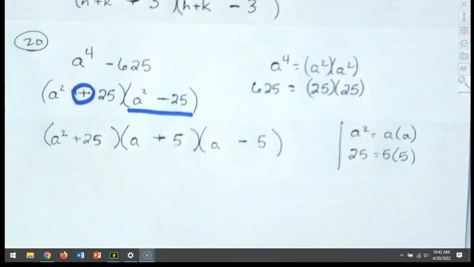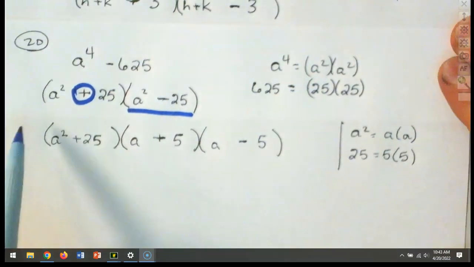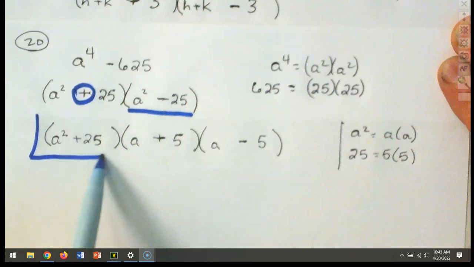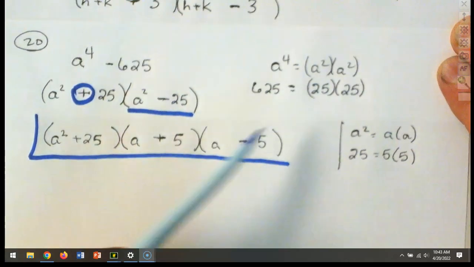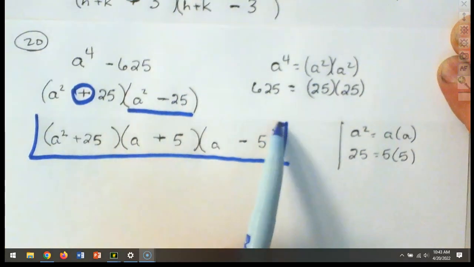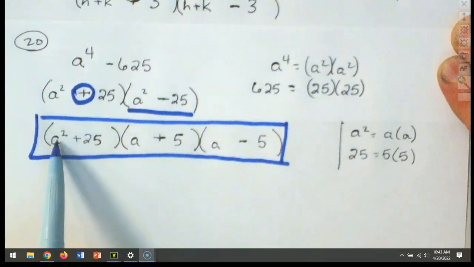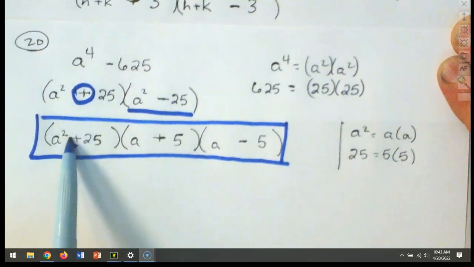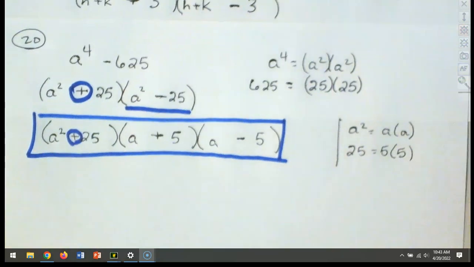And again, why can the a squared plus 25 not break down as well? It can't go any further because a squared plus 25 is a sum, and we need it to be a difference for it to work.